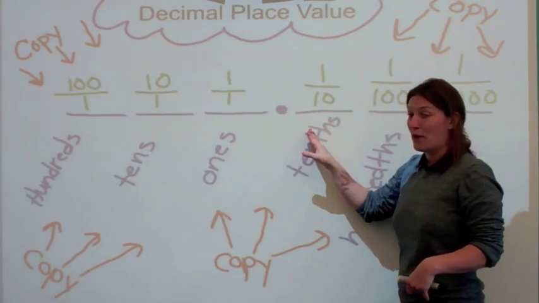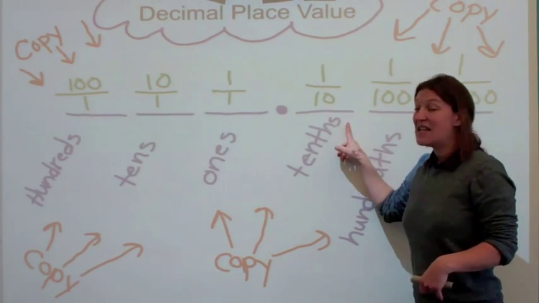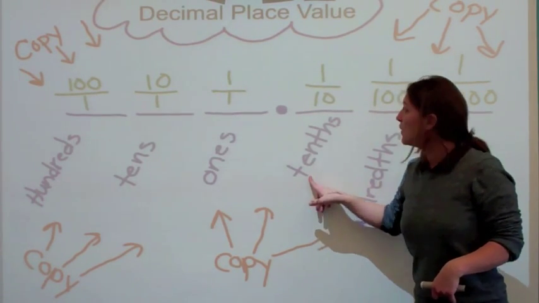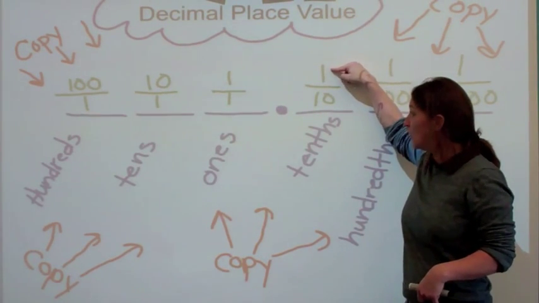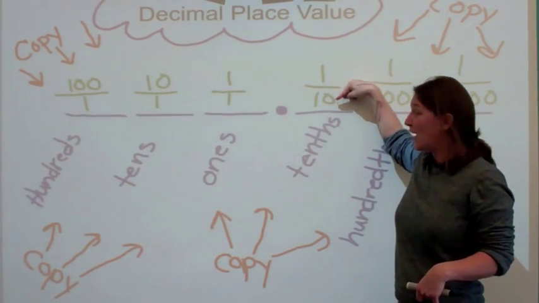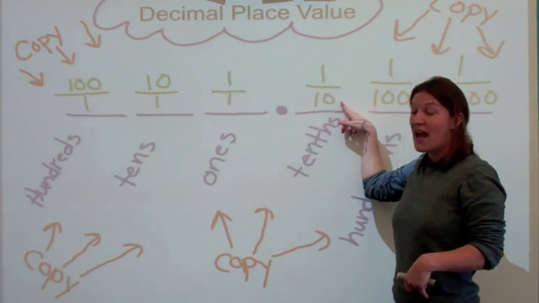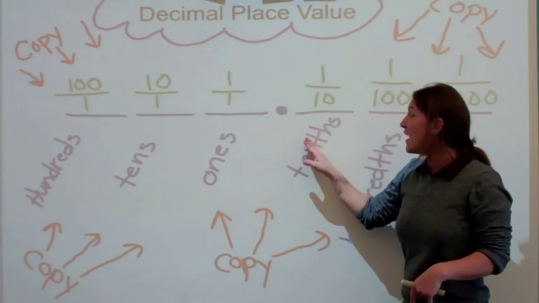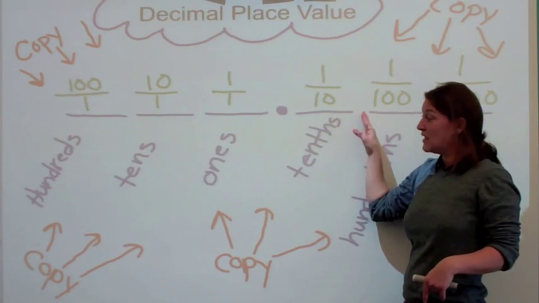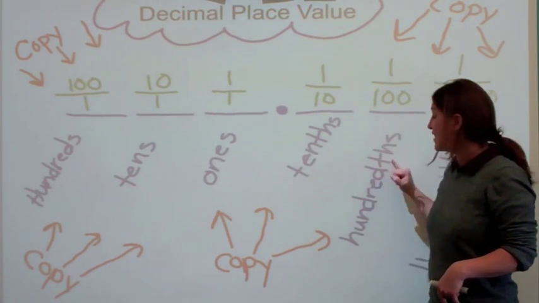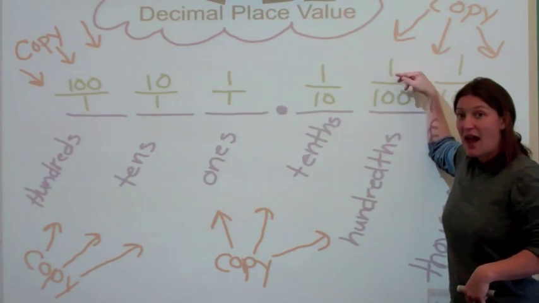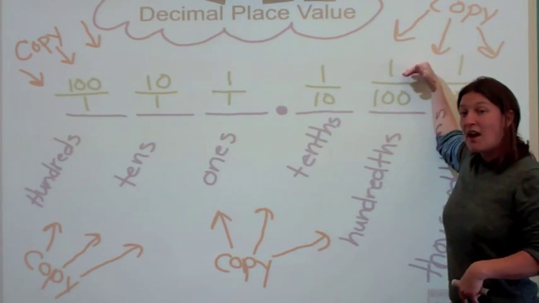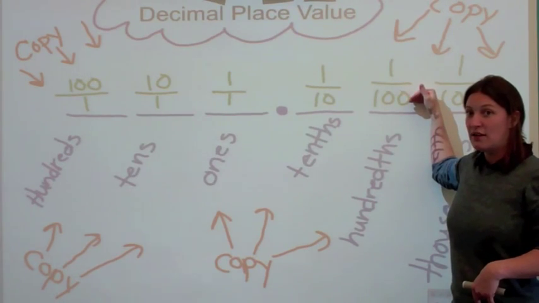After the decimal point, we have the tenths place, and we show that by making a fraction that looks like this. 1 out of 10, right? One piece out of 10 equal pieces. And then next to the tenths place is the hundredths place, and we represent that by saying 1 out of 100.